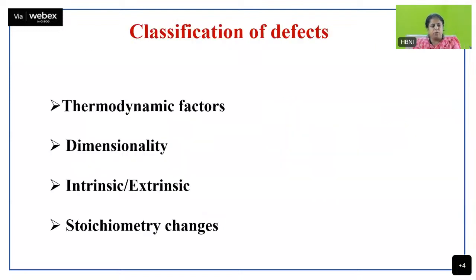So how can I classify the defects? There are many types of defects. Now, why do I need to classify them? As a student, I should ask why I need to classify at all. We need to classify because, for people who work on defects, it is sometimes easier to observe a new thing if I've been able to observe two or three properties of it that belong to a particular class.